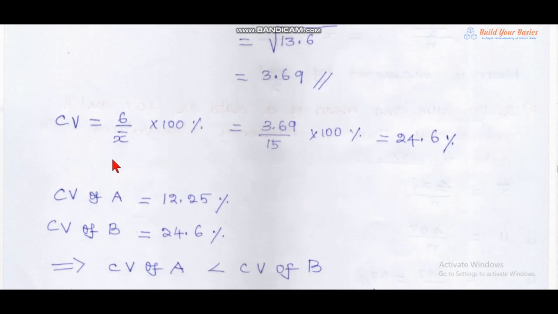So we have found the coefficient of variation of prices in city A is 12.25%. The coefficient of variation of prices in city B is 24.6%.